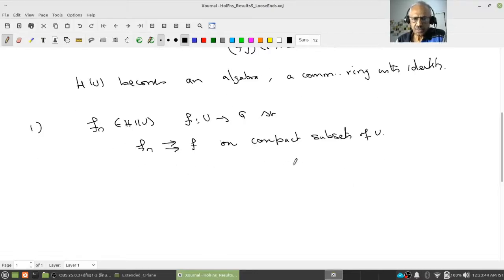In this connection, as I think I already mentioned once, in complex analysis, uniform convergence on the entire domain is never required, but we will require it only on compact subsets.